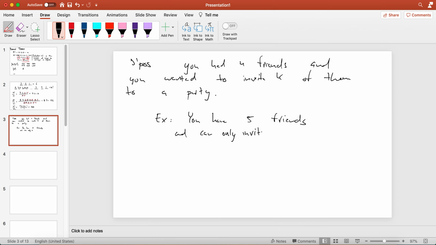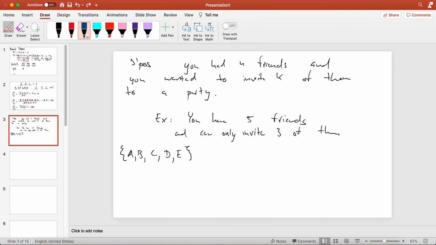So, for example, I would have something like Alex, Bob, Kathy, Dylan, and Elizabeth. Right? These are my 5 friends, and I can only choose 3 of them. I don't have to choose Alex, Bob, and Kathy. I could choose Alex, Dylan, and Elizabeth, for example.